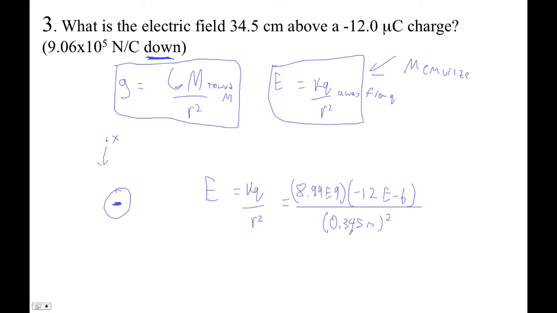So let's bust that baby out. Times negative 12 minus 6. Now, normally I just sort of ignore the minus sign here, but it's instructive in this case to not ignore it. And I get negative 906364.2 newtons per coulomb, right?